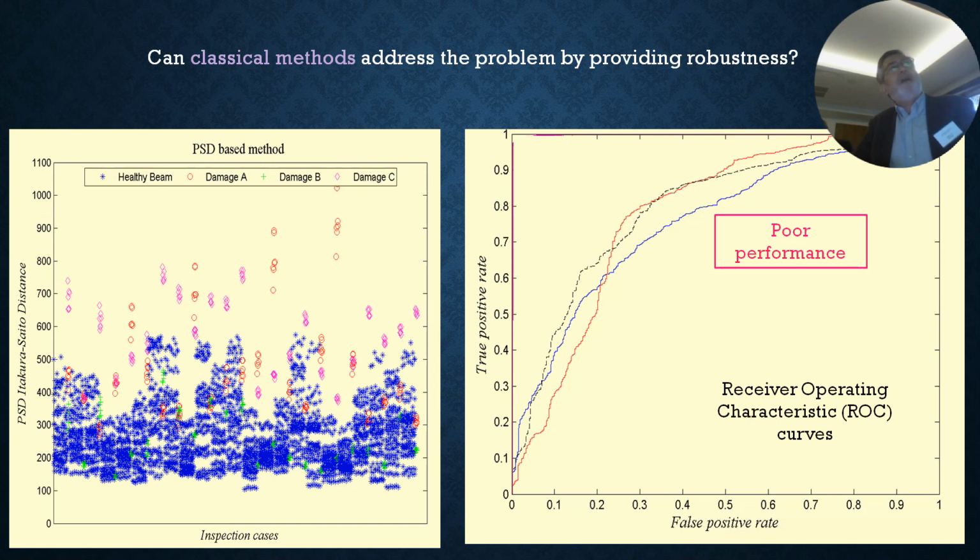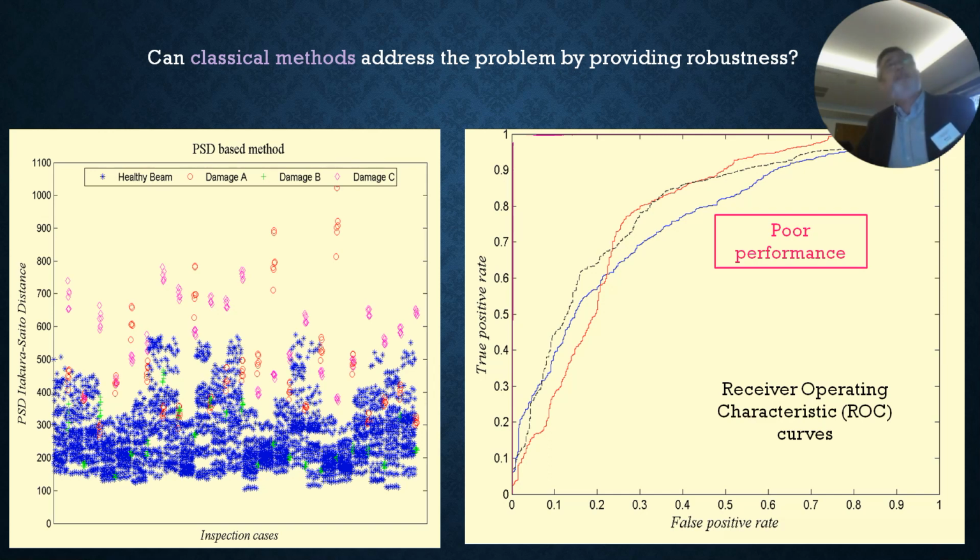The blue marks are with the healthy structures, and the other colors are by damaged structures. So you see that for damaged structures, there is a distinction between the color points, the other colors, and the blue ones. But also we have a lot of overlap, and this overlap is creating the problems, like it is creating the false alarms and so forth that I explained.